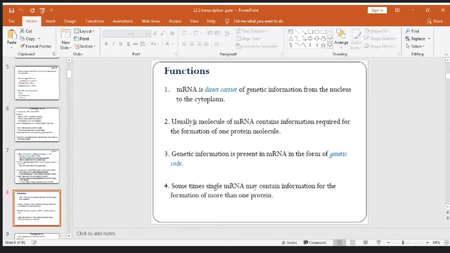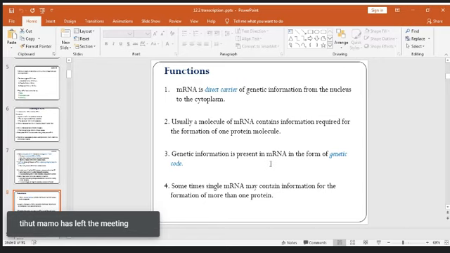A messenger RNA molecule contains the information required for the formation of one protein molecule in most conditions. However, there might be more genetic information present. The genetic information is present in messenger RNA in the form of the genetic code.